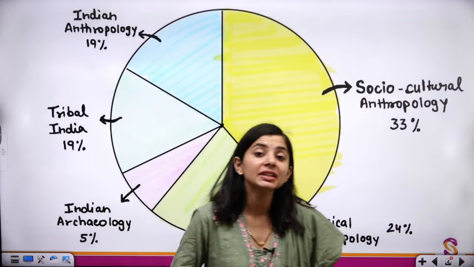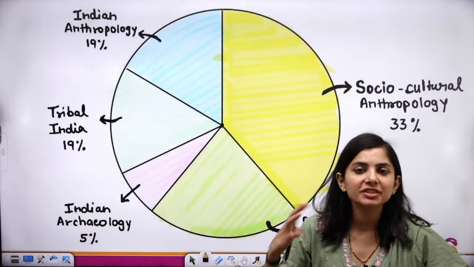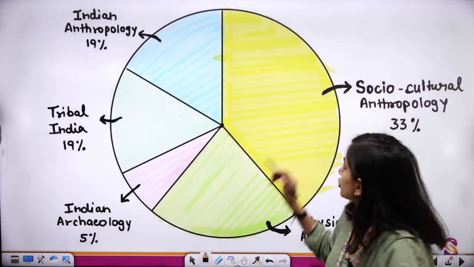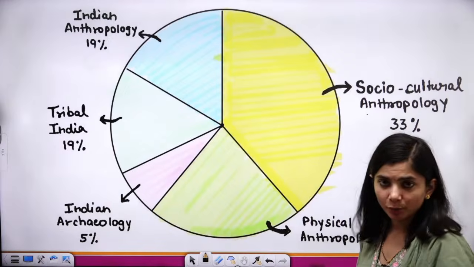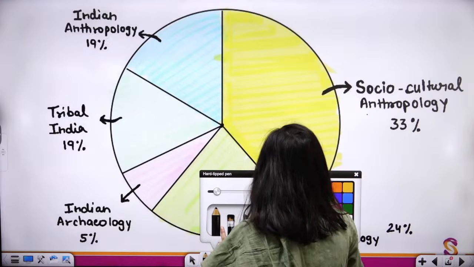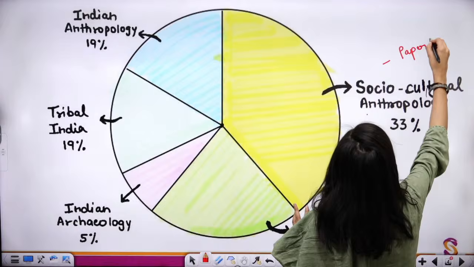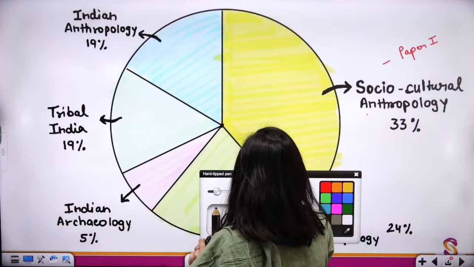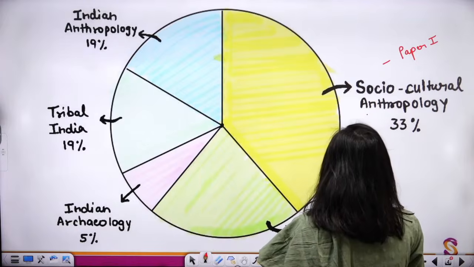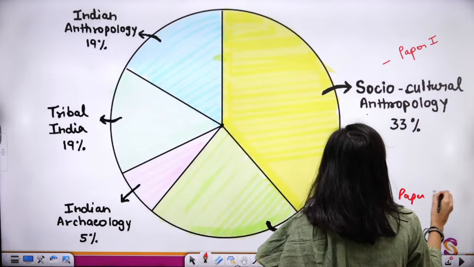Now in terms of the syllabus, out of these two papers we have 5 parts. The first part is socio-cultural anthropology, which is part of paper 1. Then we have physical anthropology, again part of paper 1.